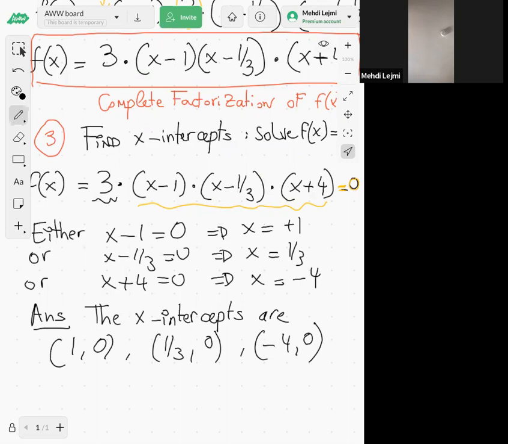Right. And now, what about their multiplicities? Well, all the factors here have power 1. This is power 1, this is power 1, and this is power 1. So all the x-intercepts have multiplicity equal to 1.